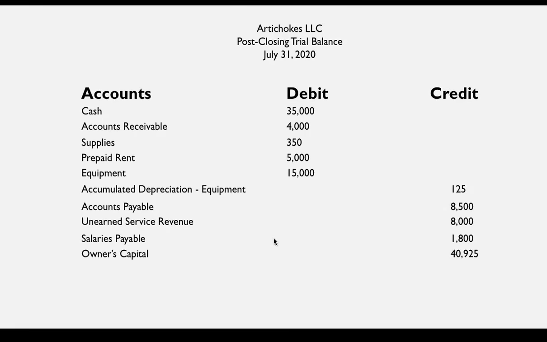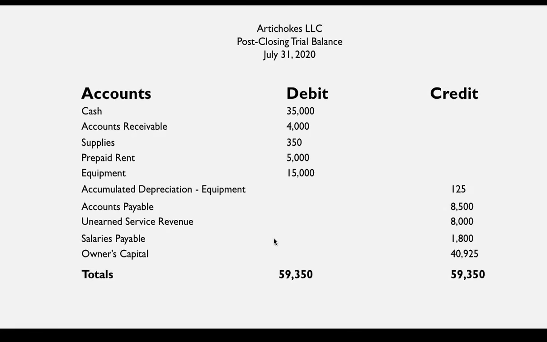Either way, you end up with that same $40,925 for owner's capital. So we have all of our debits, we have all of our credits. What do we want to do? Add them up. Just like we did every other trial balance that we prepared, we want to make sure that our total debits equal our total credits.